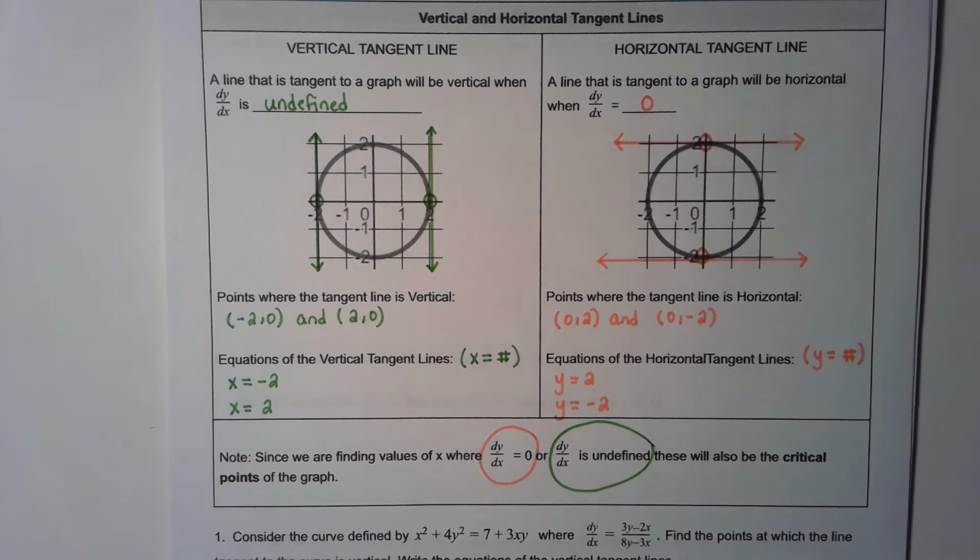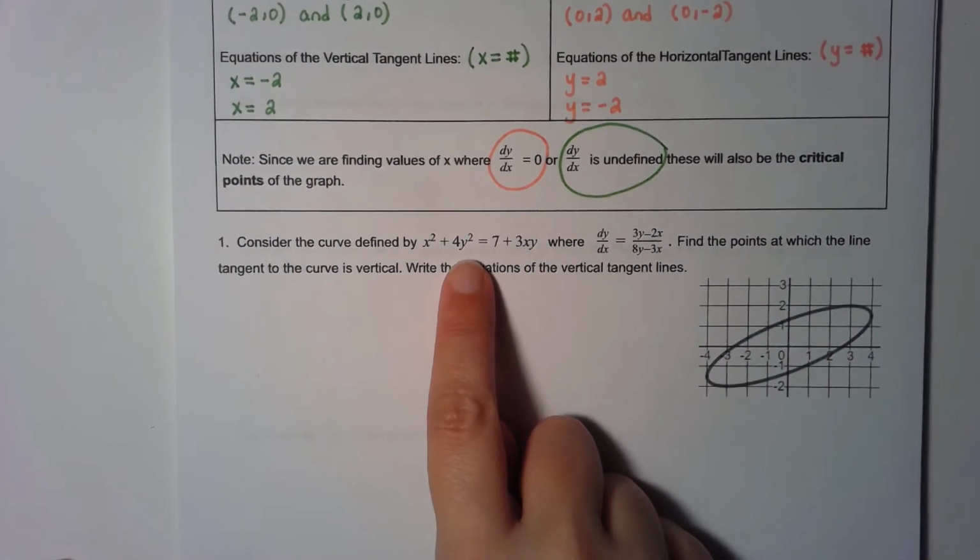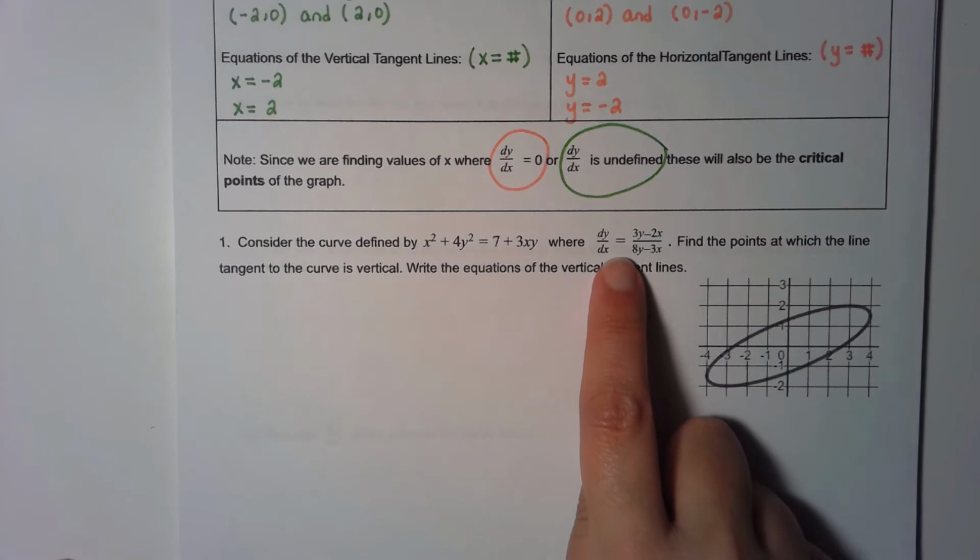So this is all connected to what we've been talking about with critical points. The critical points are going to give us places where the tangent line is vertical or the tangent line is horizontal.